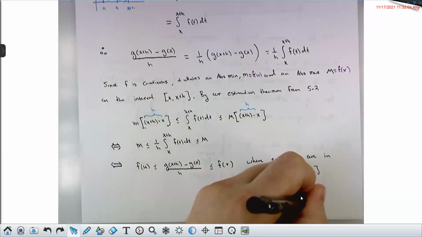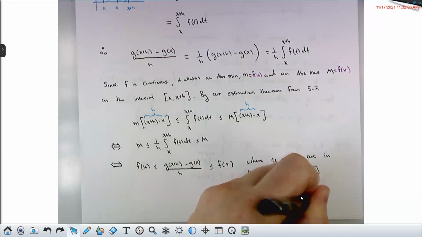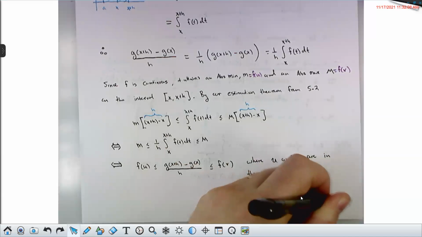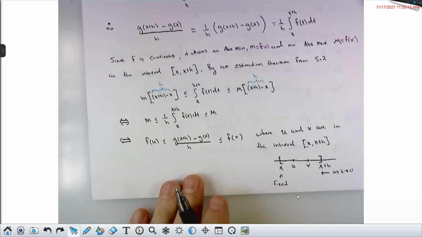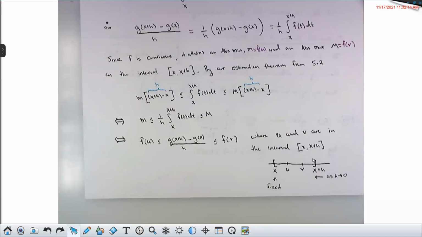Won't they also get closer to 0? This moves to the left as h goes to 0. So you imagine this bracket coming in from the left. It's going to squish u and v and make everything pile up onto x. This thing holds still here. It's like a concrete wall.